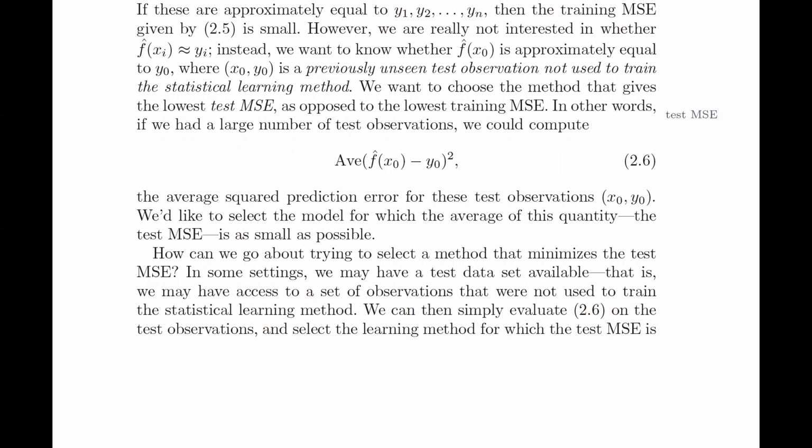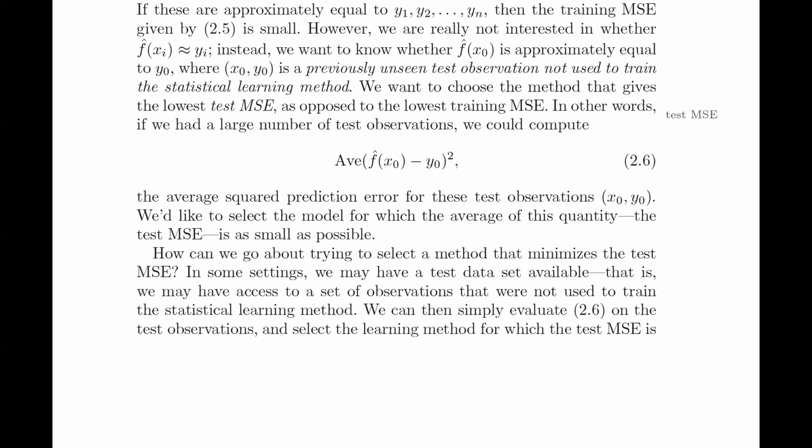In other words, if we have a large number of test observations, not training, we could compute the mean squared error. They're choosing to write AVE. Do I understand what AVE means?